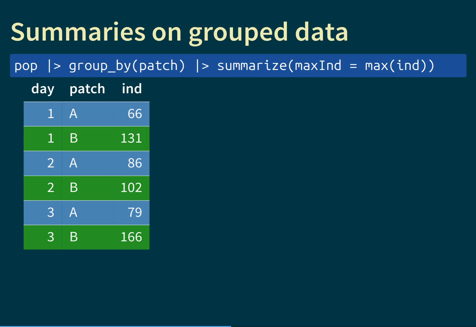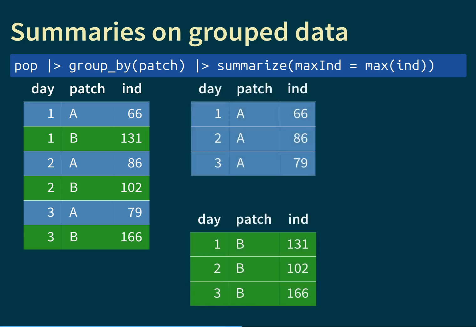We start out with the grouped table that you can see. And then when we compute summarise, what happens internally is that this table gets split up into the 2 subtables defined by the groupings. So the first subtable consists of only the blue rows and the second subtable of only the green rows. And then we apply the summary function to each of these tables in turn.